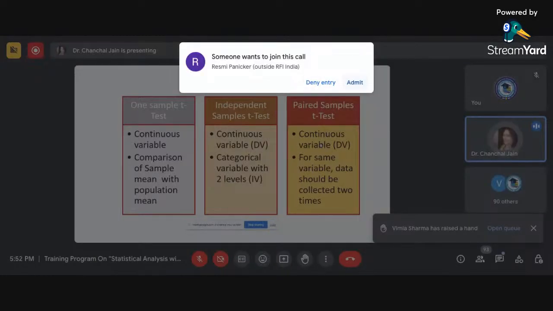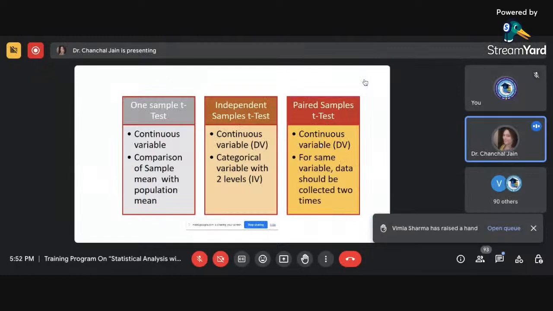This is what I can understand from your point. If you want to test whether the medicine is effective or not, you can apply it 2 times, because the sample is also different. For one group of people you are giving one medicine, and for the other group of people you are giving the other medicine.